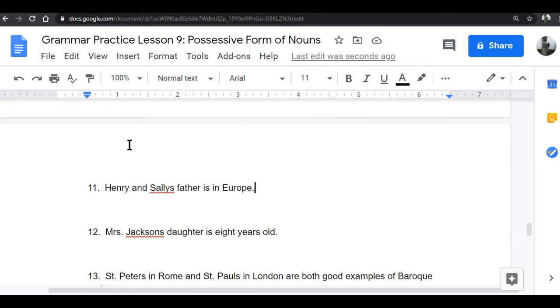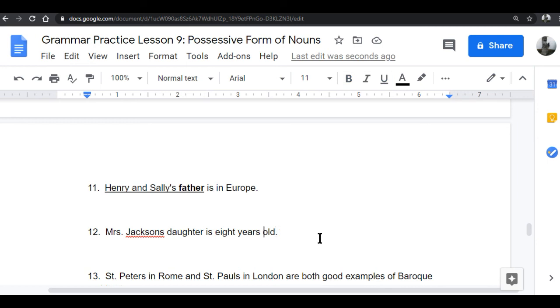Sally is just one person. Henry is another. So Sally's is not plural for Sally. So the apostrophe comes here. Henry and Sally's father. We are talking about the father of both. Okay? This one takes the apostrophe, not Henry, not necessary because they're probably siblings, I suppose. They have the same father. So Henry and Sally's father is in Europe.